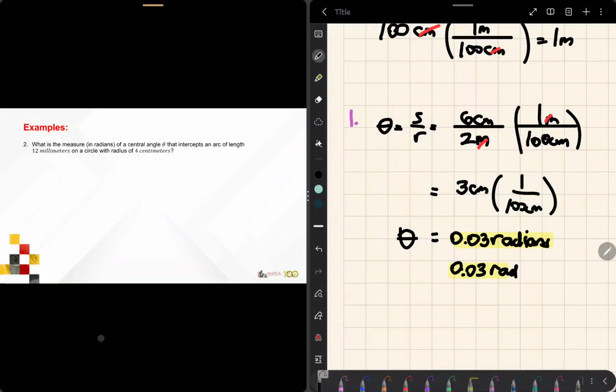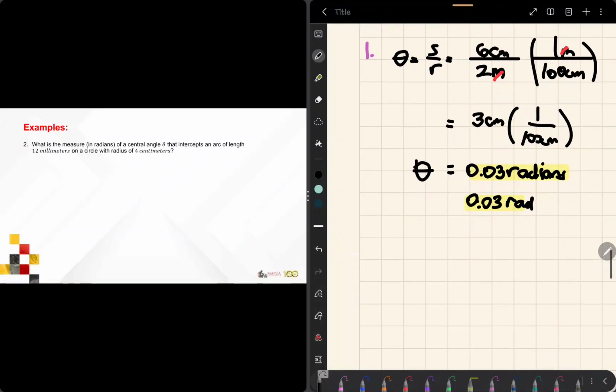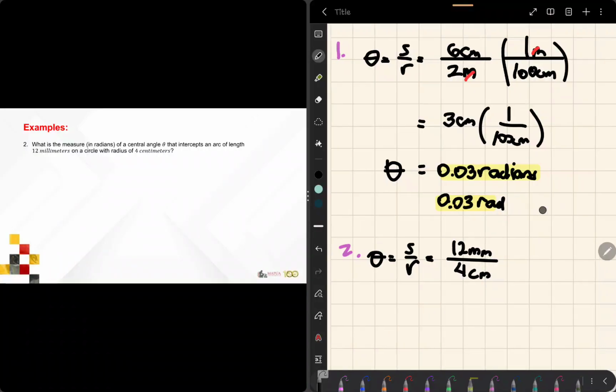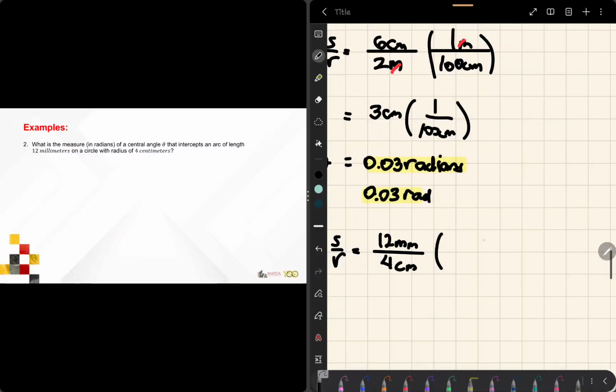So next, for number 2, we have: What is the measure in radians of a central angle theta that intercepts an arc length of 12 millimeters on a circle with radius 4 centimeters? So we have again theta equals S over R. Our arc length is equal to 12 mm, and our radius is equal to 4 cm. So let us again convert our denominator.